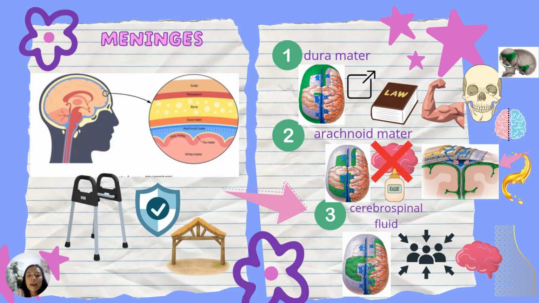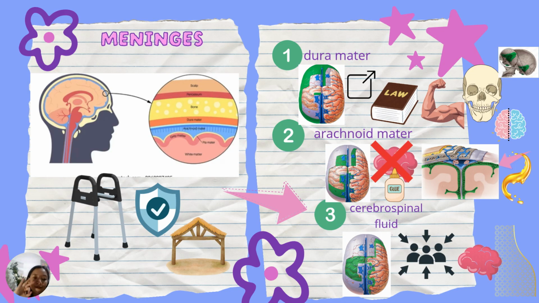And then we have this space that contains cerebrospinal fluid, which protects the brain, acting like a cushion. And the third layer is the pia mater, which is very thin and is very closely attached to the surface of the brain, following all its folds.